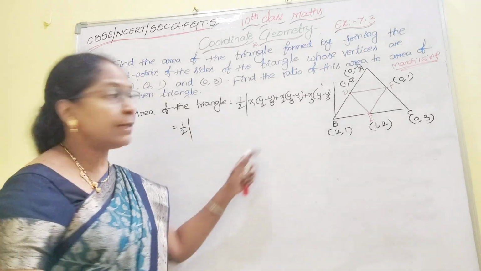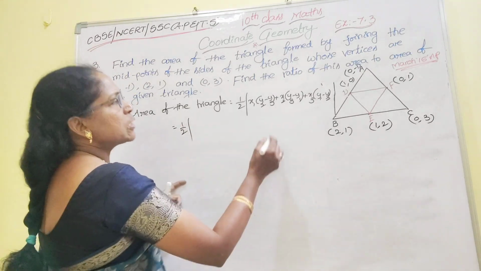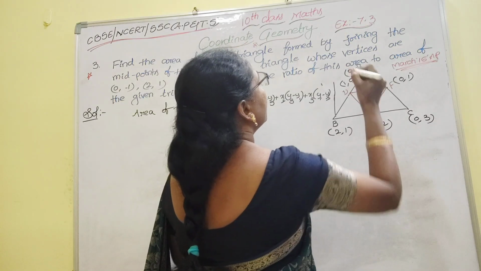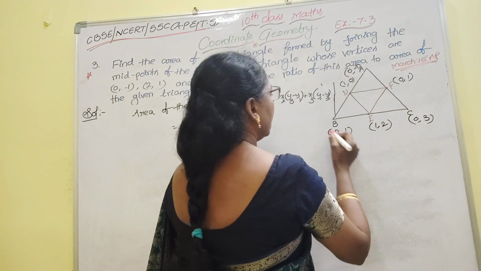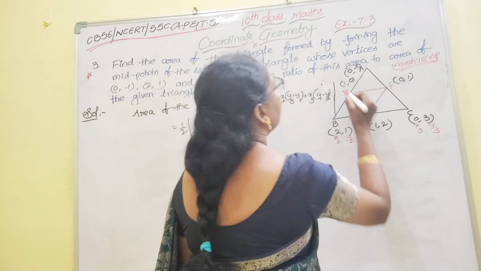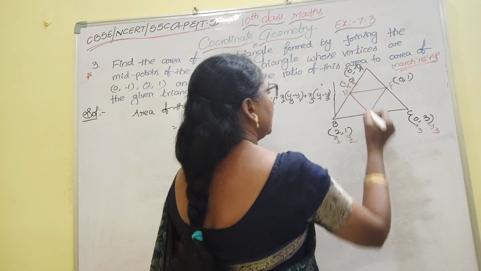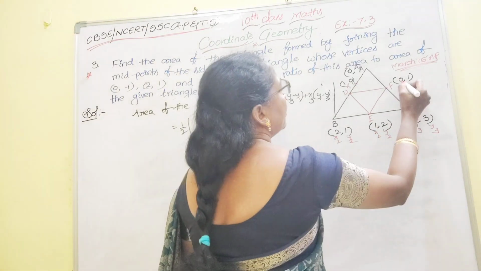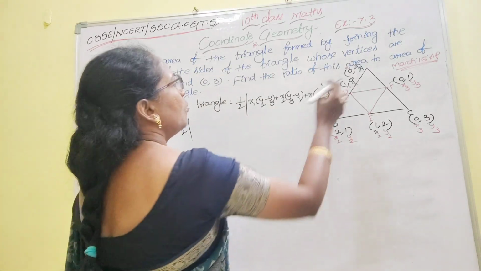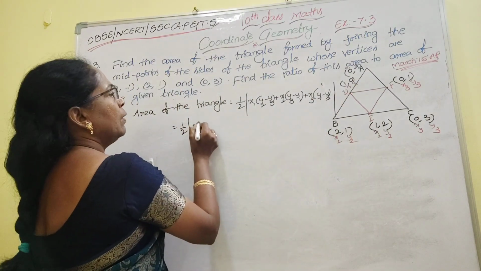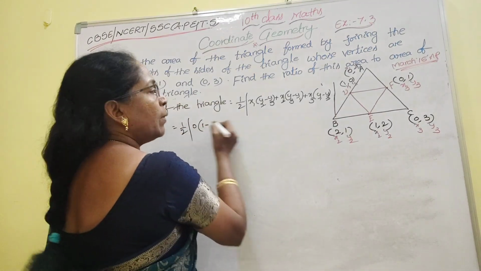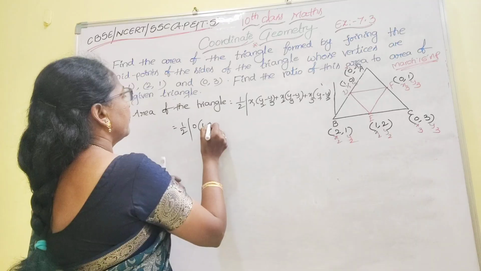Now substitute the values in this formula, half into x1. Just you have to represent x1 y1, x2 y2, x3 y3. Now here x1 equal to 0 into y2 minus y3. So y2 equal to 1 minus y3 equal to 3.